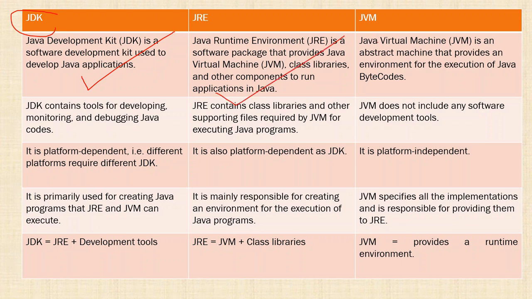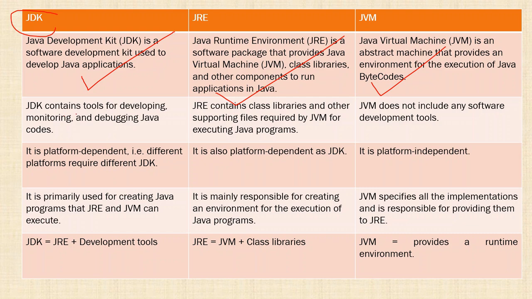The JVM, Java Virtual Machine, is an abstract machine that provides an environment for the execution of Java bytecode. It checks the bytecode and executes your Java program.